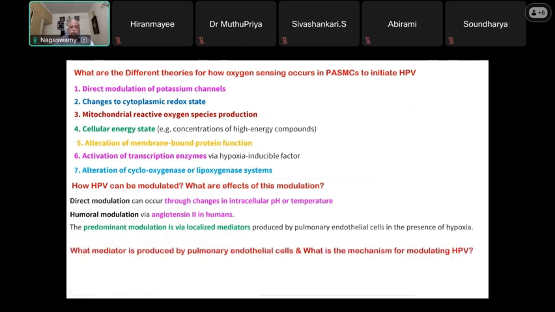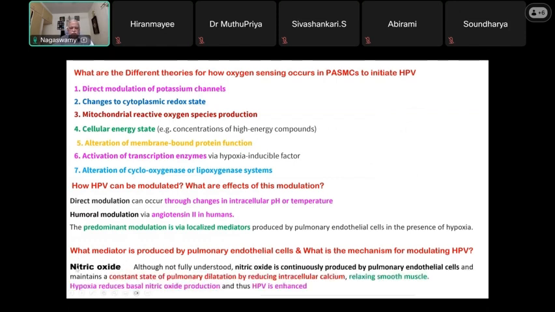And what are the mediators produced by the pulmonary endothelial cells, and what is their mechanism? Nitric oxide. It is an important component which is constantly produced to keep the pulmonary vessels in a state of dilatation so that oxygen can be easily taken in. But when the alveolar oxygen pressure drops, what happens? The nitric oxide production is completely stopped.